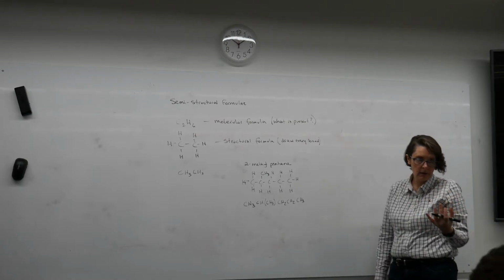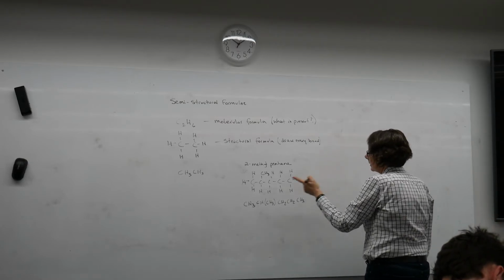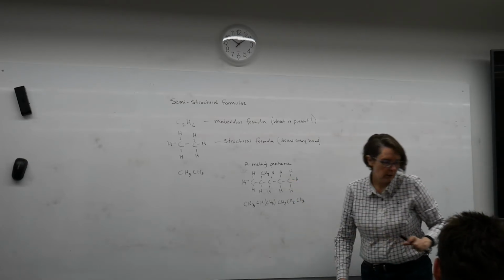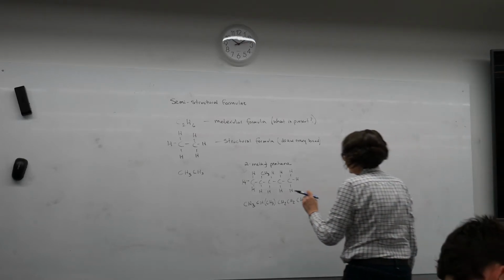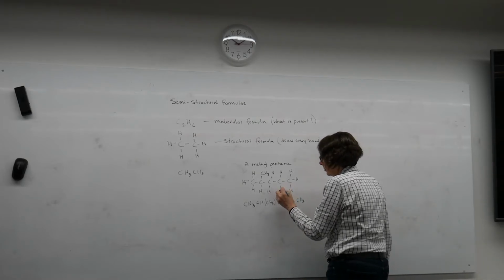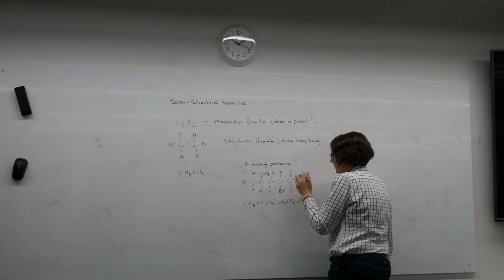So if just say we had this same molecule, but instead of all those hydrogens, we might have some other things instead. So we could have a Br, and we could have a Cl, say here.